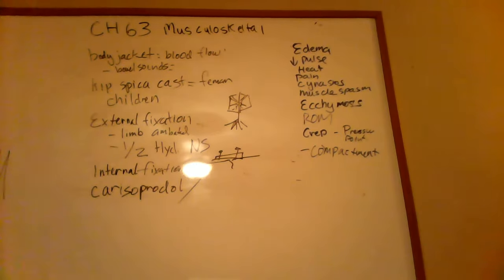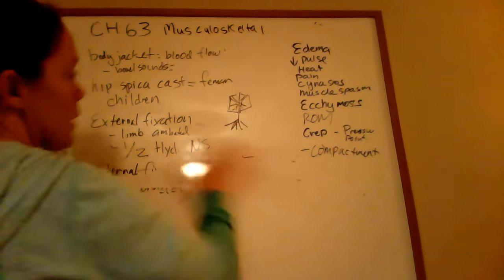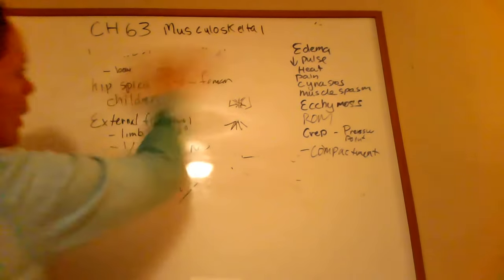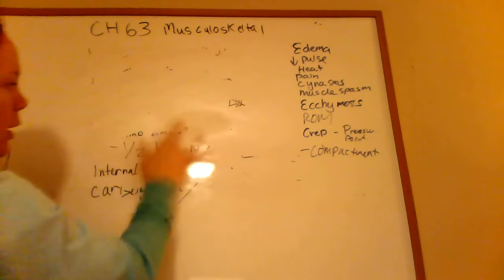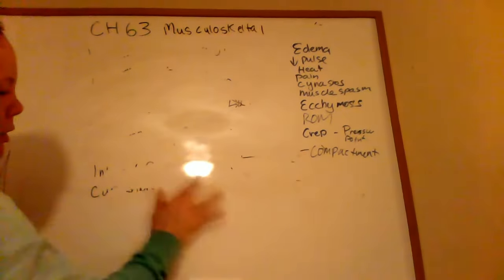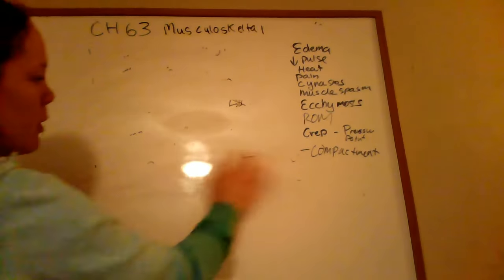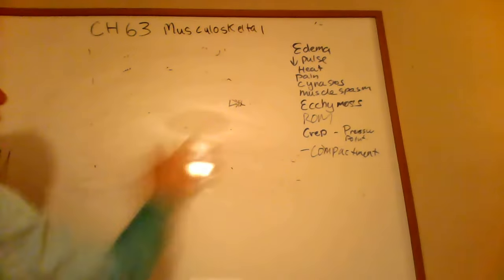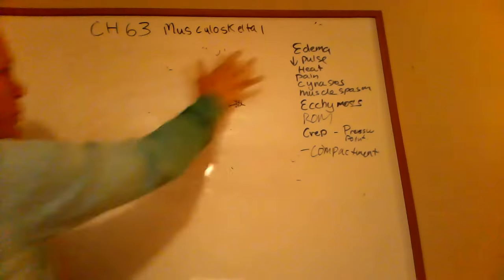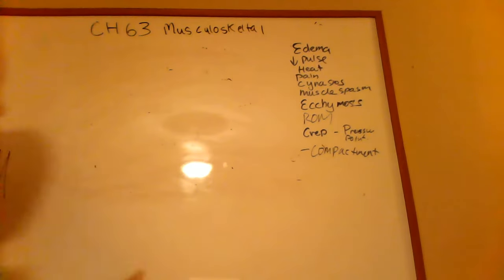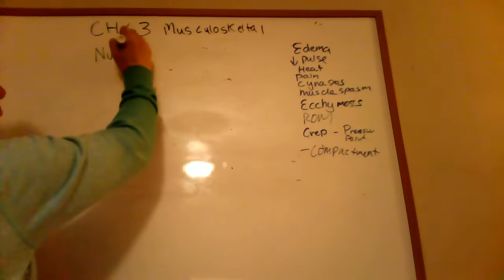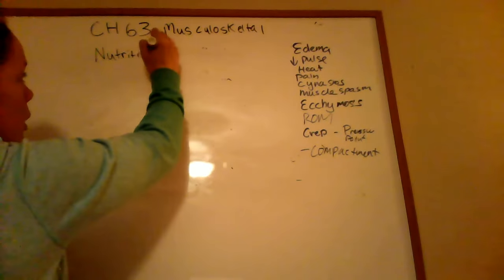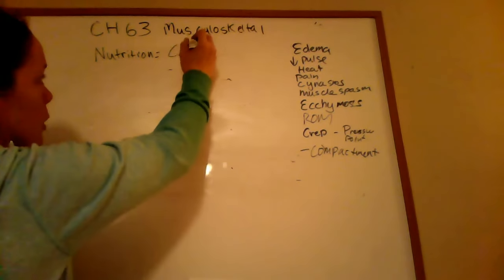Now, next part is nutrition. And again, it's a long chapter, so I'm going very fast over it. Some of the bones I won't even hit because the casts pretty much require the same type of care and assessment, with the exception of the pelvic. But anyways, nutrition, like I said before, it's going to be important that you have vitamin C. Vitamin C is important for healing.